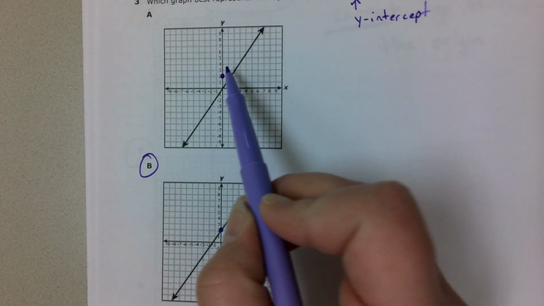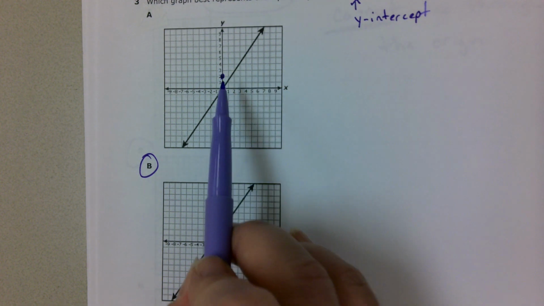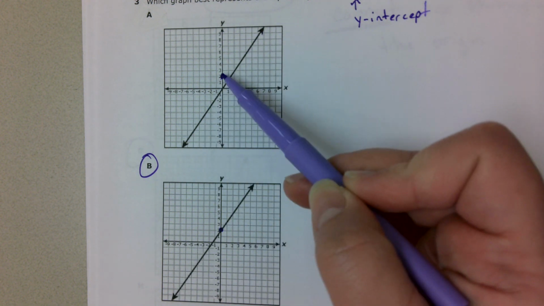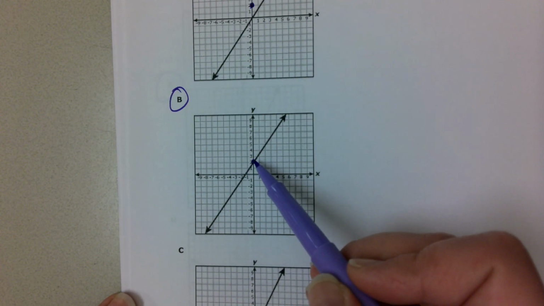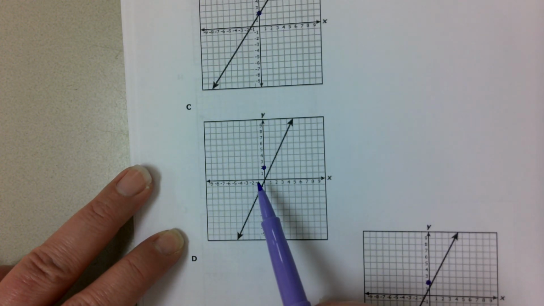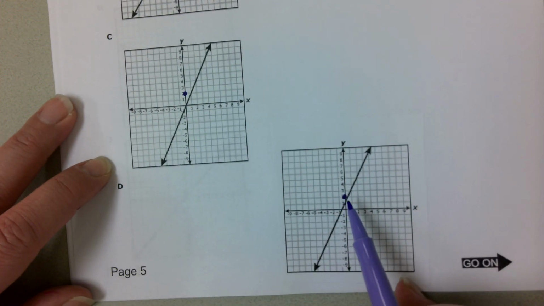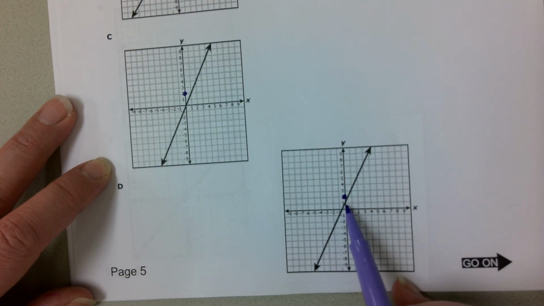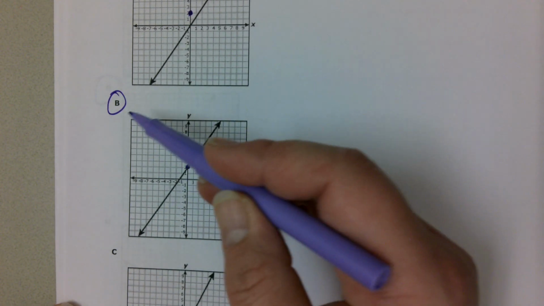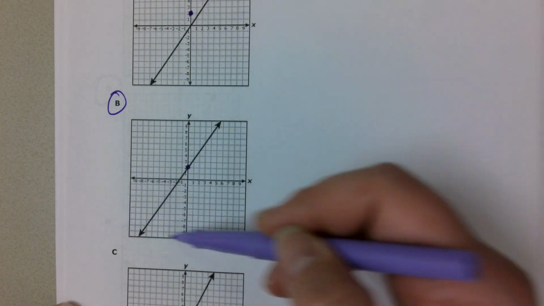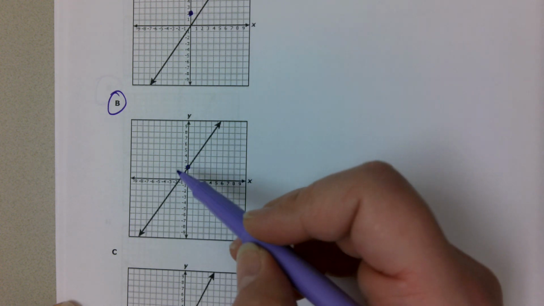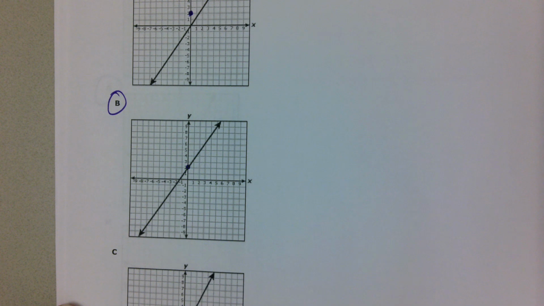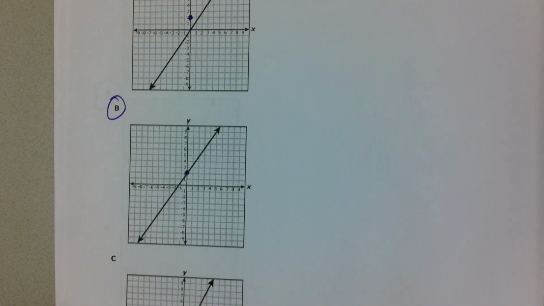So you see that my graph's not going through where y is 2, so that one's not correct. This one is correct. Here it is incorrect. And D I had to paste over here, and that's above. That's going through at 1. So at this point, this is the only graph that has the correct y-intercept. You can double check to make sure that the slope is correct, but this is the correct graph here. It's the only one that has a y-intercept of 2.